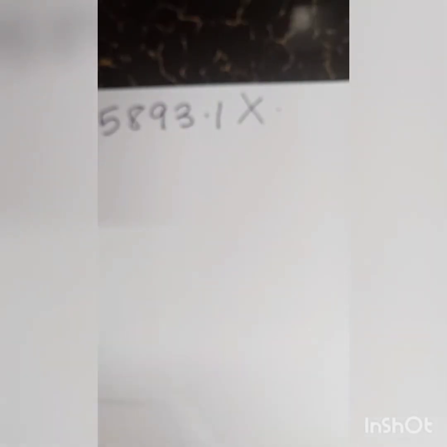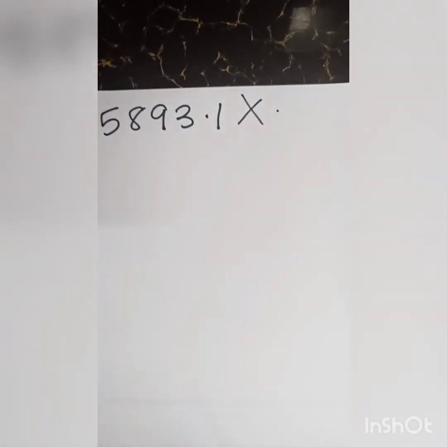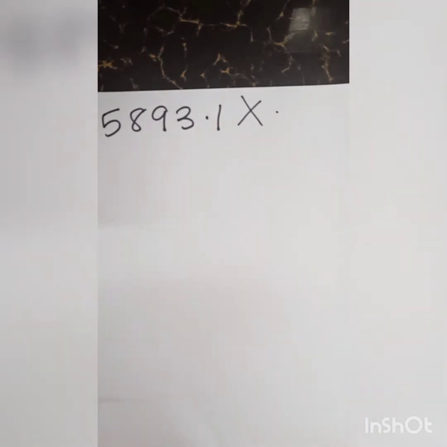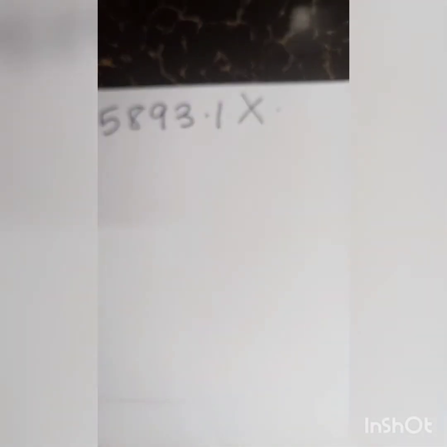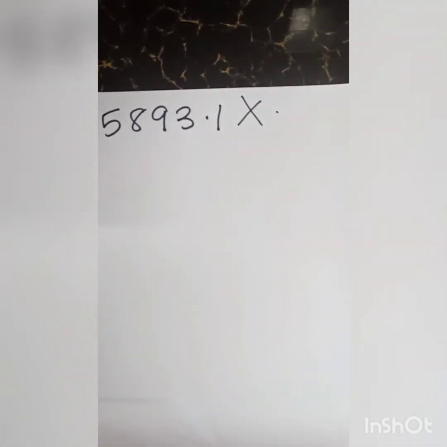But does that answer our question? No, it does not answer our question. The question is asking us how many natural numbers we have. It's not telling us to list them, okay? So to answer our question, how many natural numbers do we have in this list?